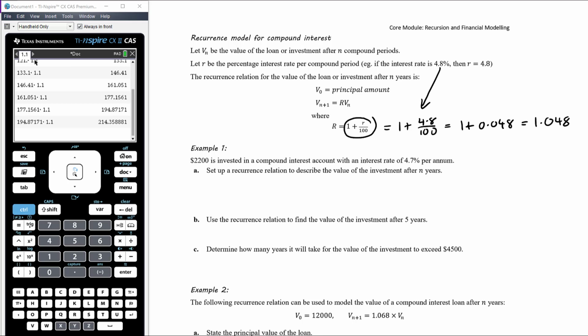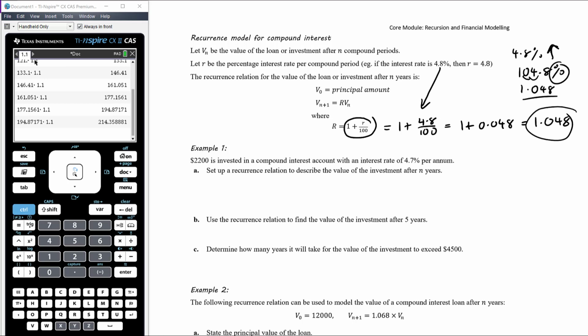But I want you to get better at being able to just come up with that number yourself. Okay, so for me, a 4.8% increase means I end up with 104.8% of what I started with. Percent means divide by 100, so that means I'm multiplying by 1.048.